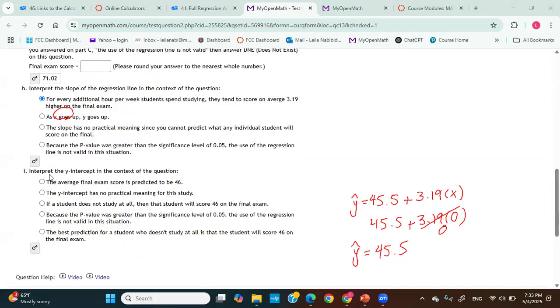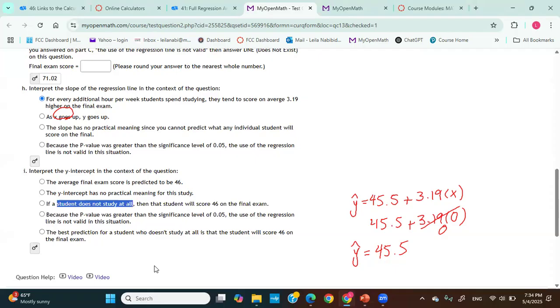So we can say the average final exam score is predicted to be 46, rounding 45.5. It's not the average final exam score, it's just a predicted one for every student. The y-intercept has no practical meaning? No. If a student does not study at all, what does that mean?